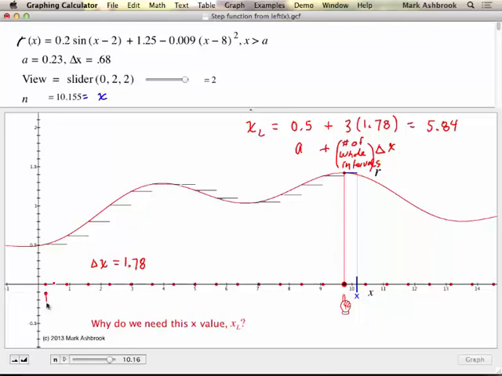So now A is 0.23 and delta x is 0.68. Find the current left x value. The current value of x left. Go.